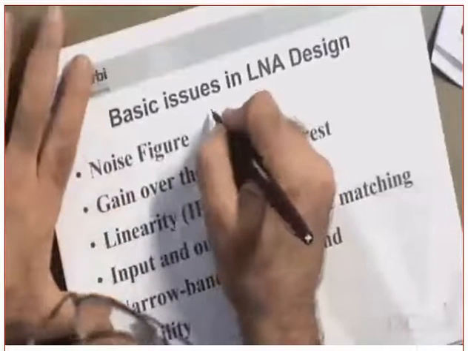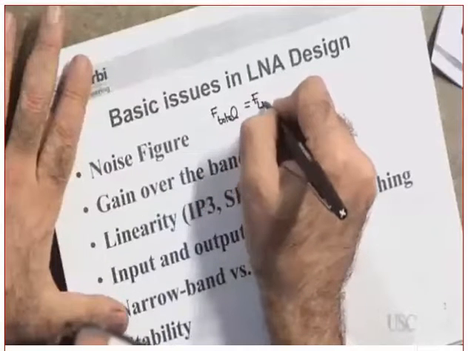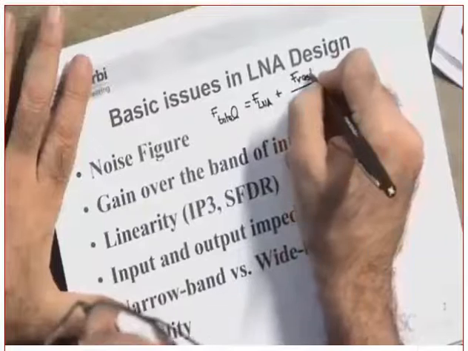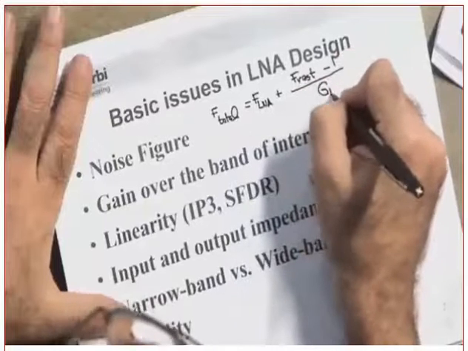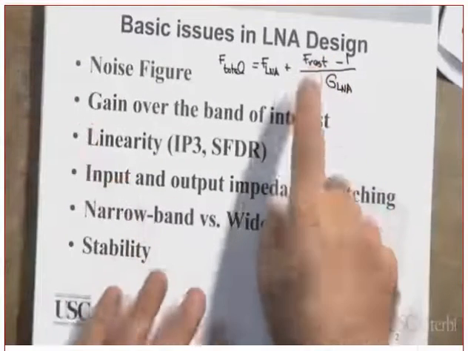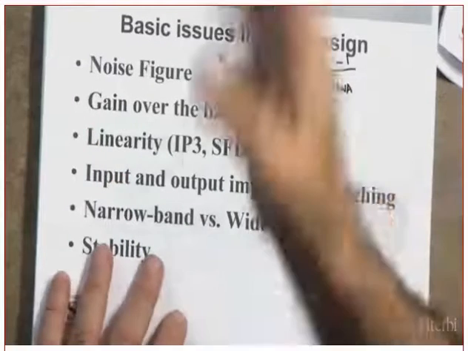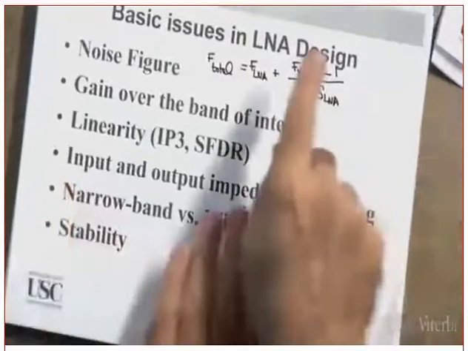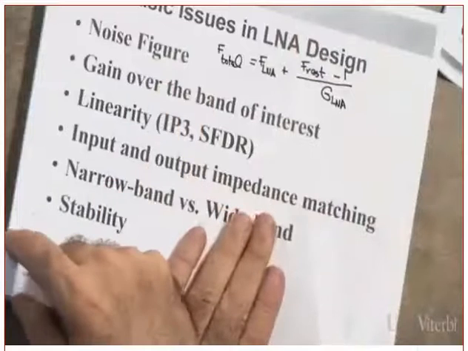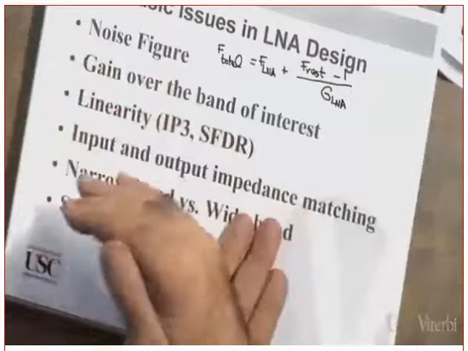F total equals F LNA plus (F rest minus 1) over G LNA. Do you remember this equation? Do you understand what I mean by F rest? I grouped all the rest together into one block. This is F rest. Did you get this or not? So what do I want? I want the noise figure to be low. Why? What does the noise figure affect in my receiver design?